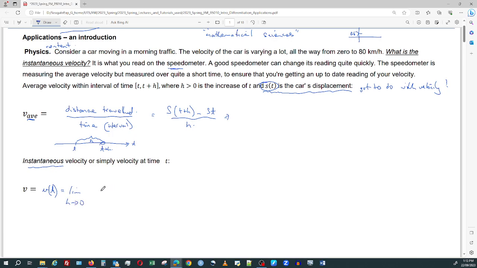Aha! So this must be the conversion of an average, if you like, to a differential. And that is equal to exactly that, the differential of the displacement.